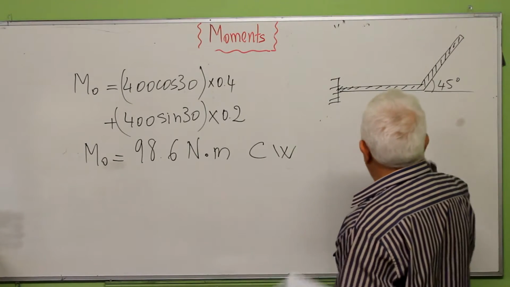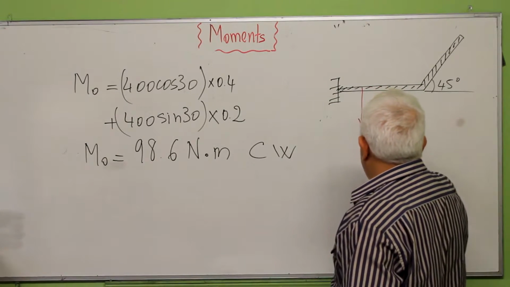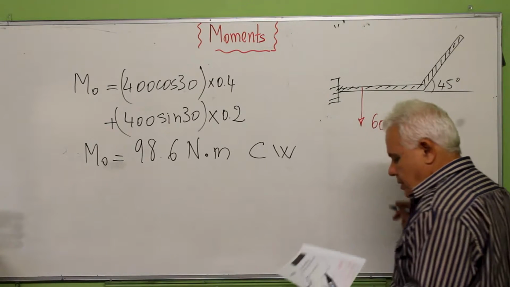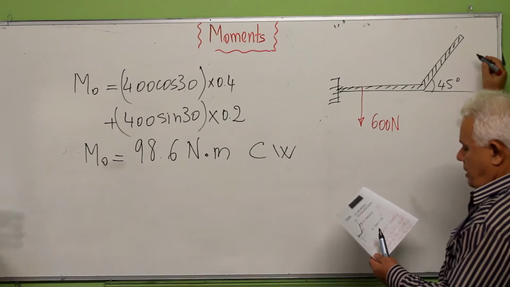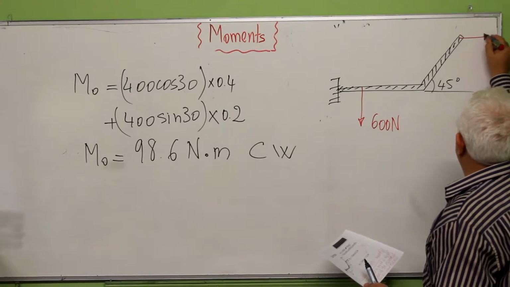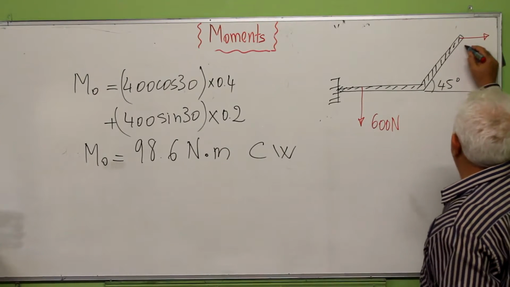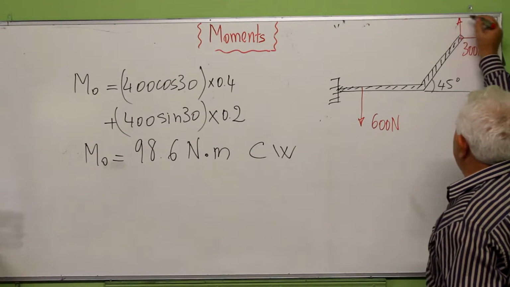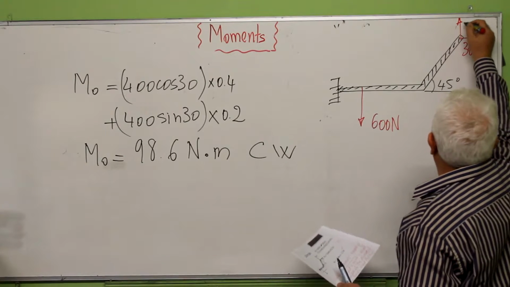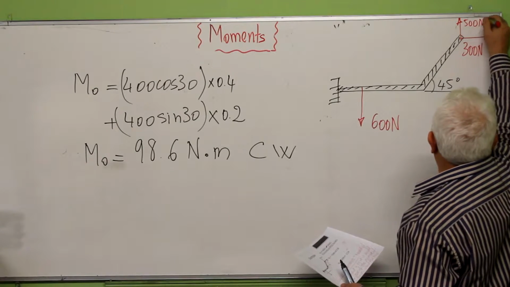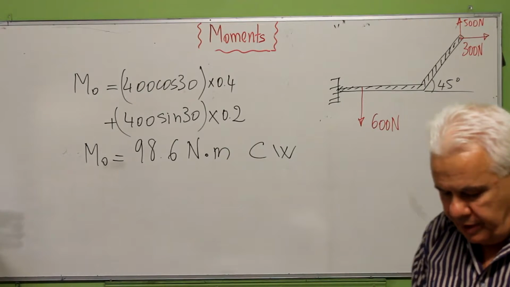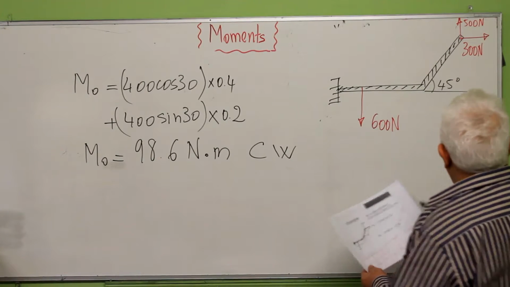I've got one force here, 600 newtons, and here I've got 300 newtons applied, and vertically another force of 500 newtons. I'll put the distances here.